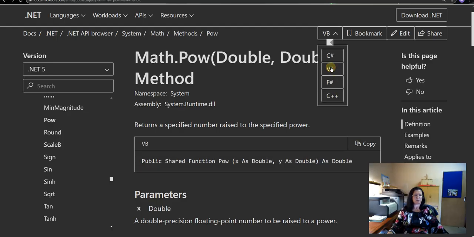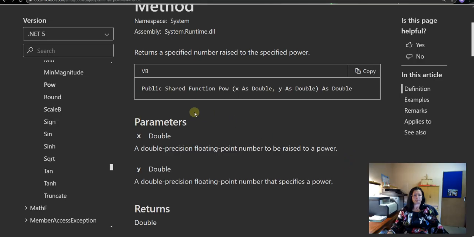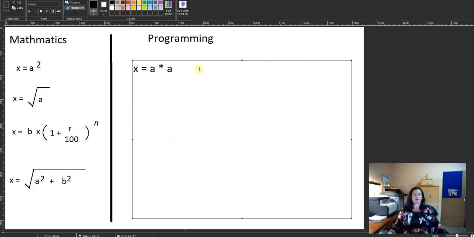So if I say I would rather like to see how the function looks from a VB language perspective, then it's exactly the same. I need power and I need two parameters, the number and then the power. And over here I can see it gives me back a number. So in programming, I'm going to do the following.